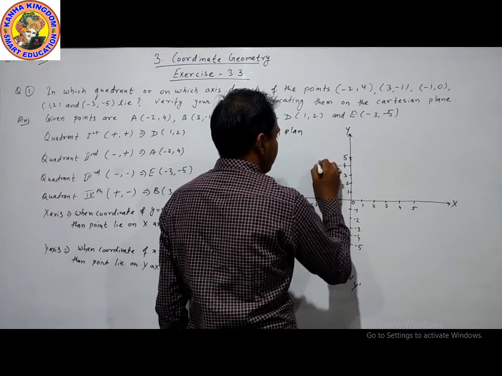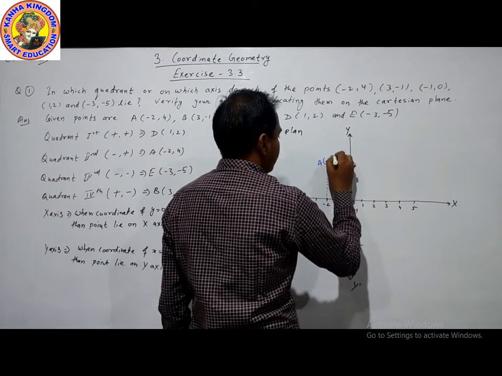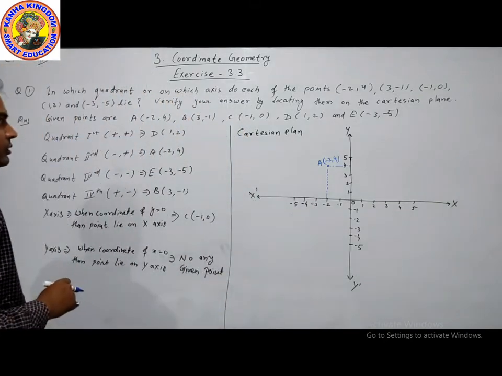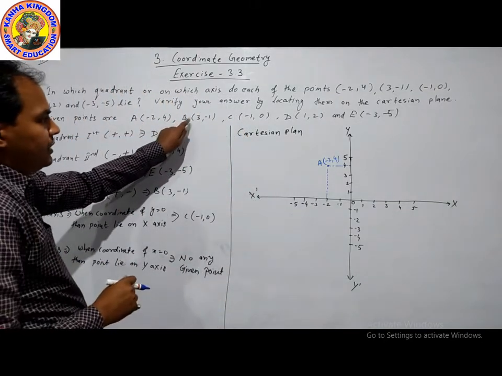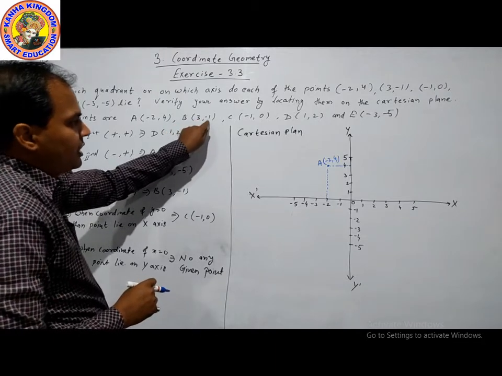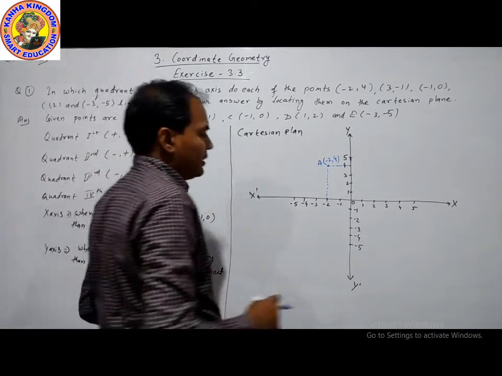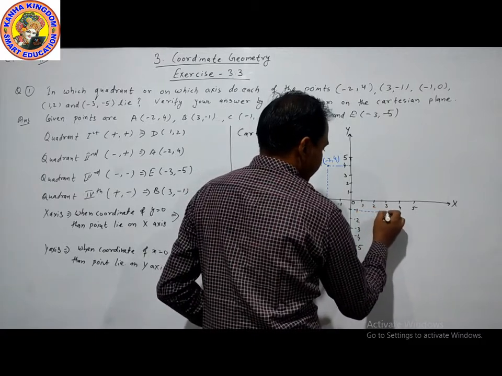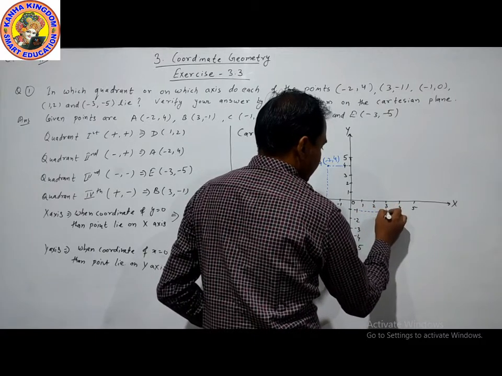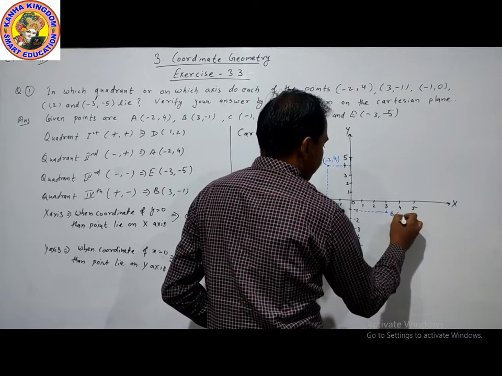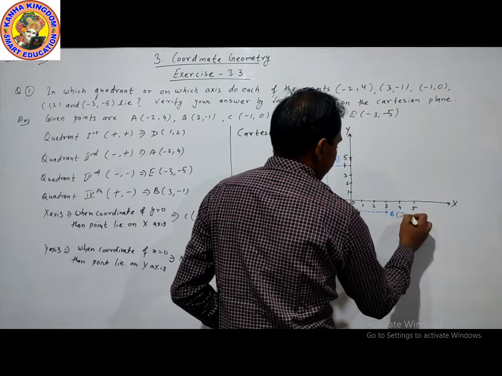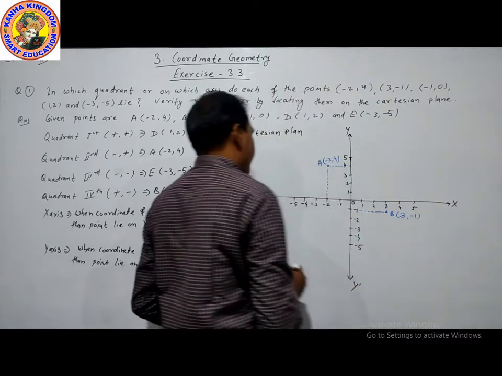Here is point A (-2, 4). Now second one, B. X is equal to 3, y is equal to -1. Here point B (3, -1).